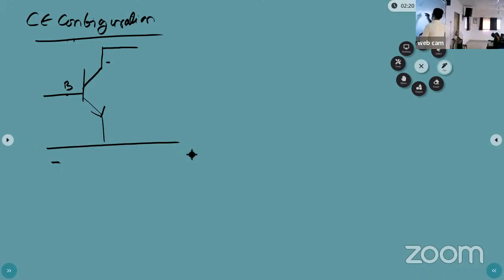The emitter terminal is common, and this is the collector terminal, and this is the base terminal.